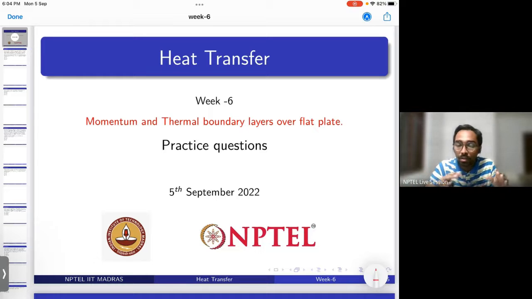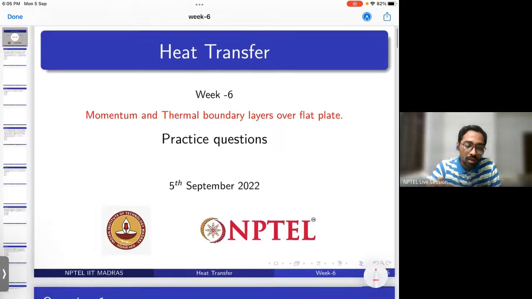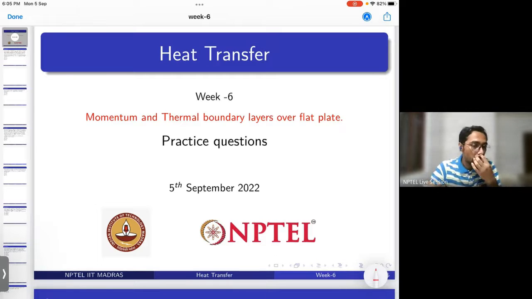In that case we have to use the mixed boundary layer conditions, where we consider up to the critical length for the laminar region and then the turbulent region. So we have to use the correlations or the expressions for the same when we have a transition from laminar to turbulent boundary layer. So these were the major topics in week six, and some of the tutorial questions were also discussed in the week six topics.